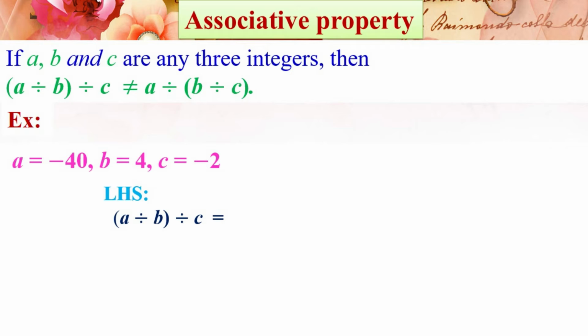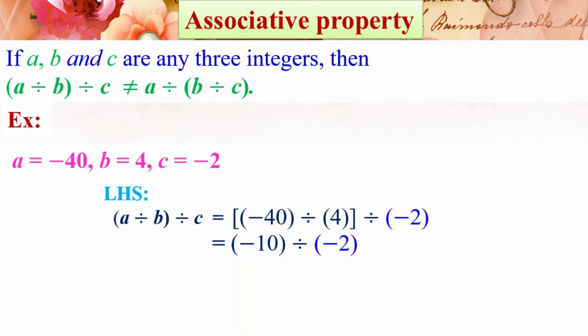(a ÷ b) ÷ c. A and b are grouped. Now substitute the values. Minus 40 divided by 4, then divided by minus 2. Now we can solve inside the bracket because this one is grouped. Minus 40 divided by plus 4.